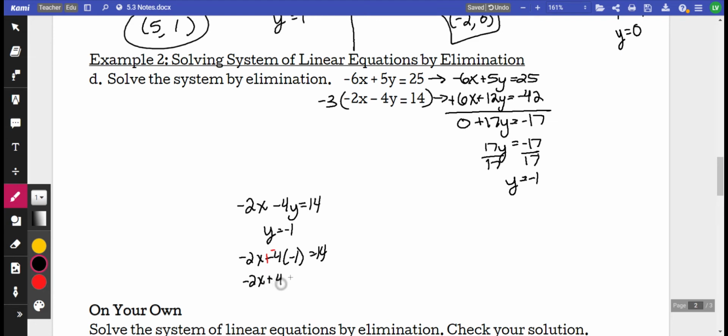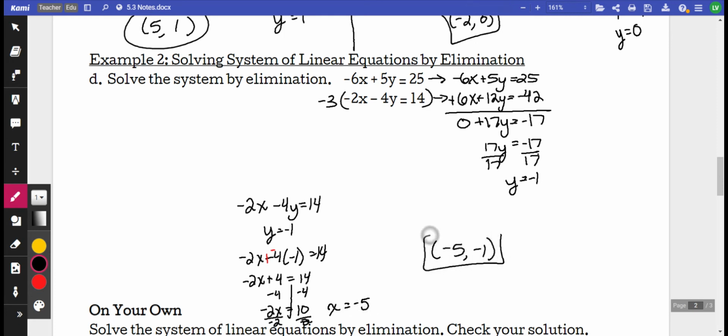Negative 2x plus 4 equals 14. Extending my equal sign and subtracting 4 from both sides. Negative 2x equals 10. Divide both sides by negative 2. You get x equals negative 5. So negative 5, negative 1 is going to be the solution.